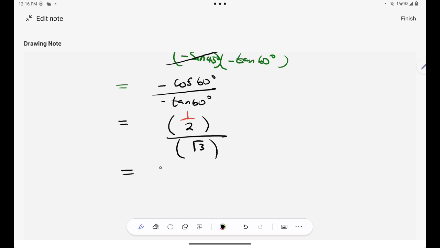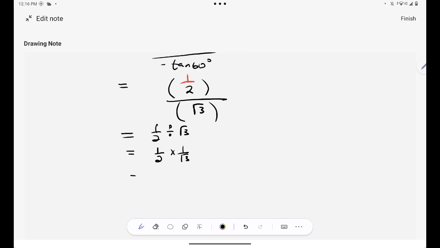I can simply write this as 1 over 2 all divided by the square root of 3, which is equal to 1 over 2 multiplied by 1 over the square root of 3, so 1 over 2 times root 3.